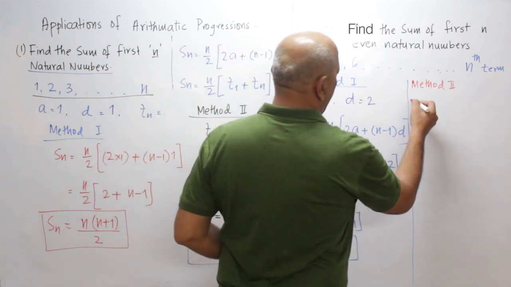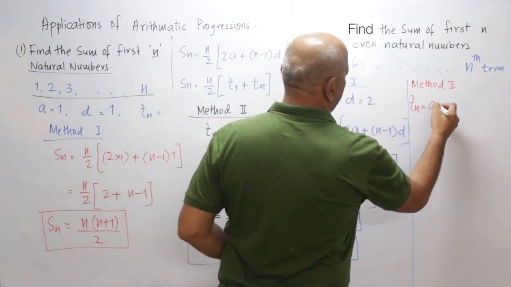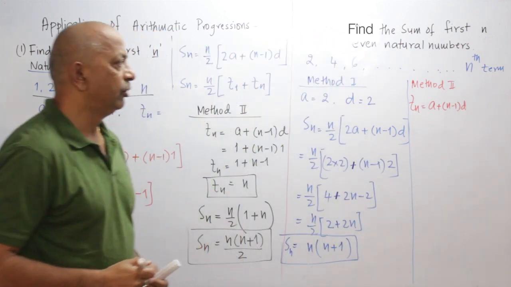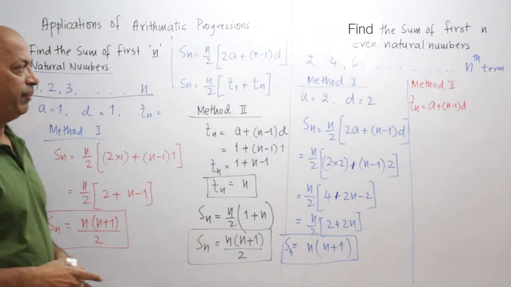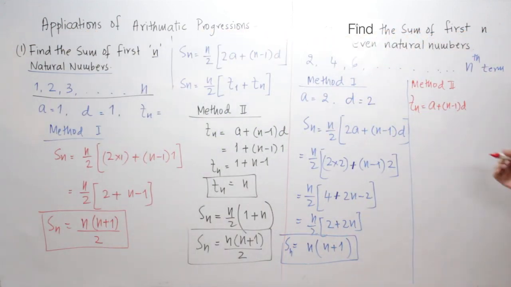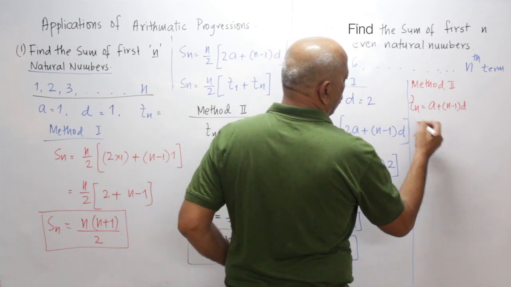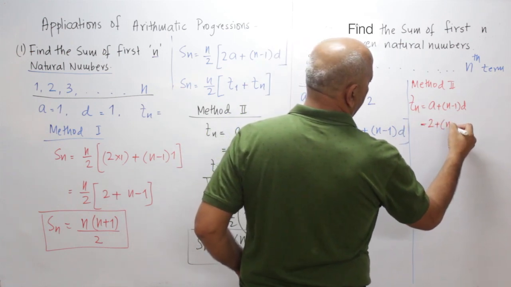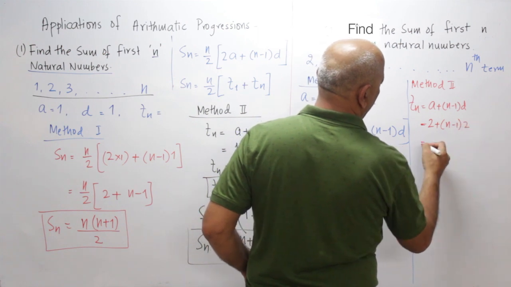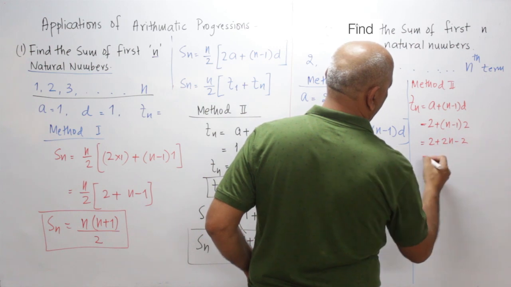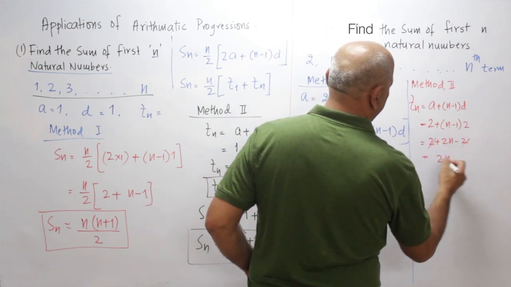And Tn's value we know is a plus n minus 1 d. So we can put the values here. What will be the value of the nth term? a is equal to 2 plus n minus 1 into common difference, which is also 2. So 2 plus 2n minus 2, this will cancel, so 2n.